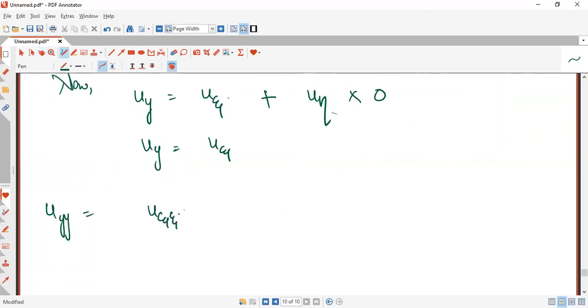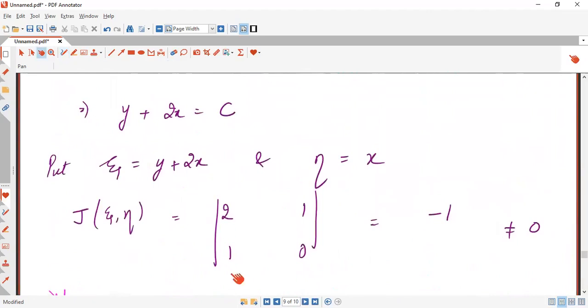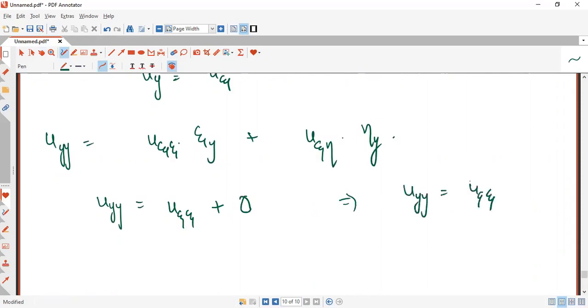U xi xi of xi y plus u xi eta of eta y. Correct? Xi y, I know it is 1. Xi y is 1, right? So this will become u xi xi, plus eta y is 0. So uyy is again u xi xi, right? Now substitute the values.